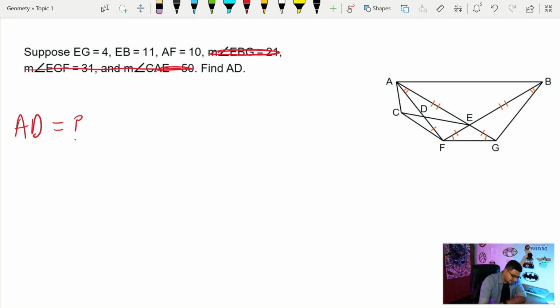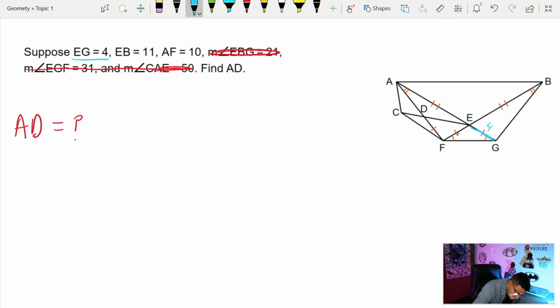So let's see. Segment EG is equal to 4. So this segment right here, EG, has the length of 4. That's what I know so far. Now, based on what we just learned about congruency, any other line that has one vertical tick mark like that also has the length of 4.